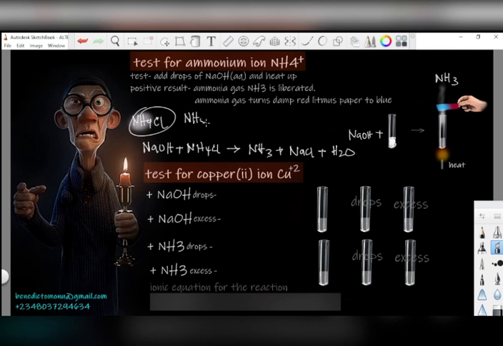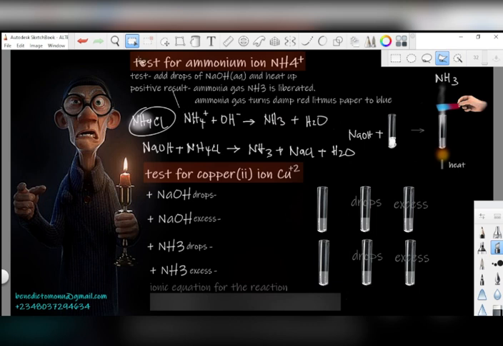The ammonium ion reacts with the hydroxide ion in sodium hydroxide, and it forms ammonia and water. This is the ionic equation.